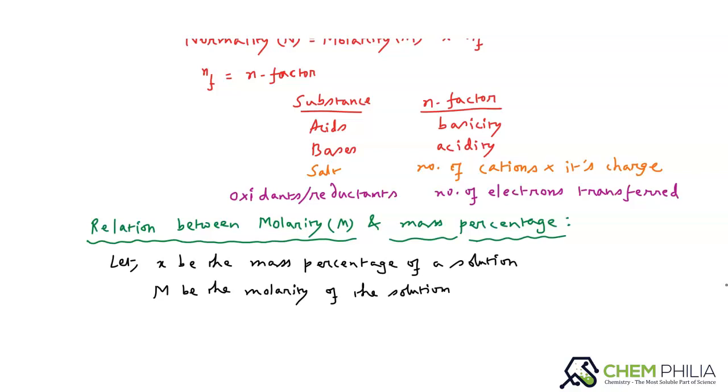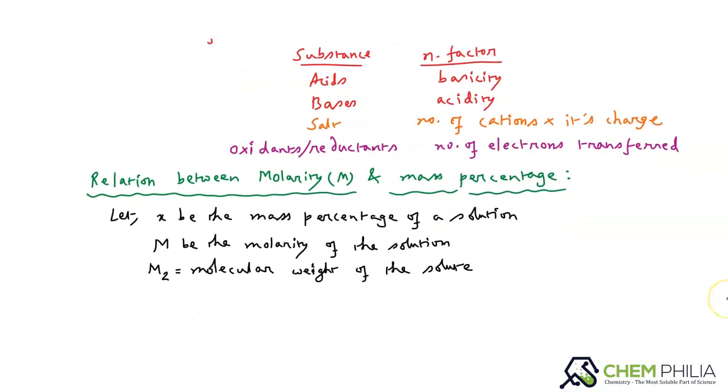Let M2 be the molecular weight, or molecular mass, of the solute, and small d be the density of the solution in gram per ml.